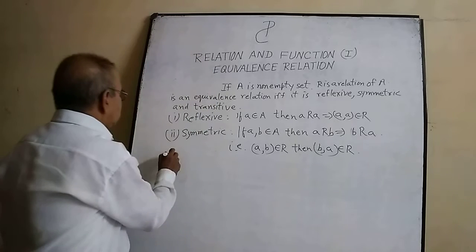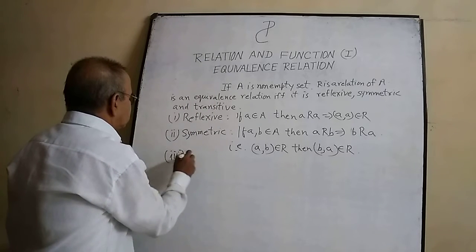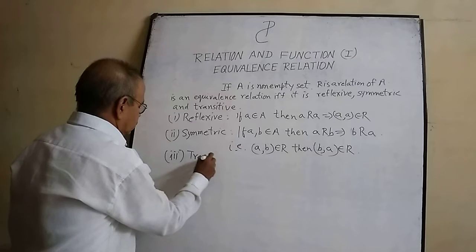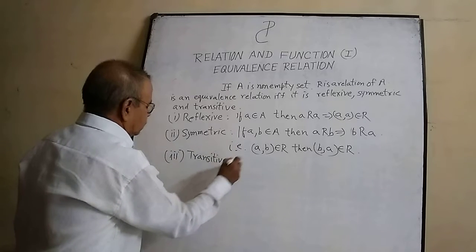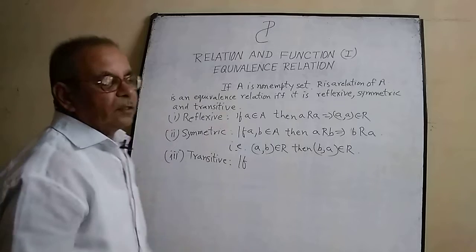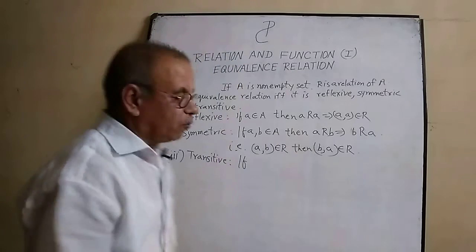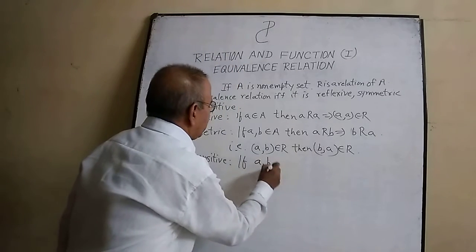The third relation we take is transitive. Here I have taken three elements of a set A: a, b, and c.